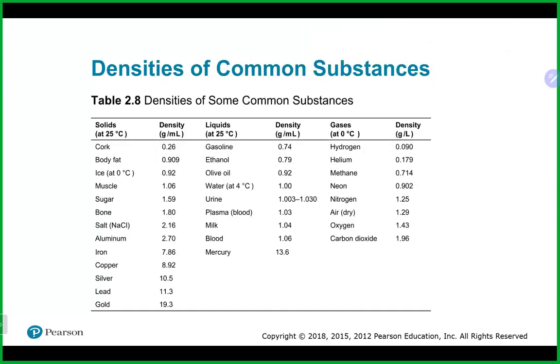Here are the densities of some common objects. As I mentioned before, water is usually the one that we look at and use, at 4 degrees Celsius, which is actually the maximum density that occurs. That's also why, for example, water in a lake or body of water like that freezes from the top down, right? Otherwise, the fish are in trouble if it freezes from the bottom up.